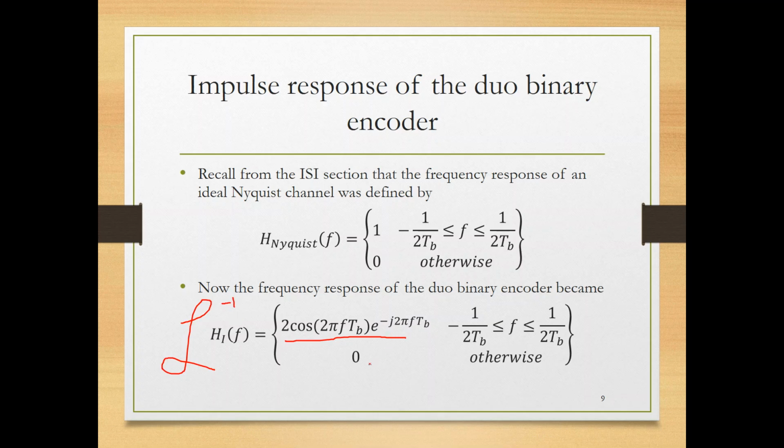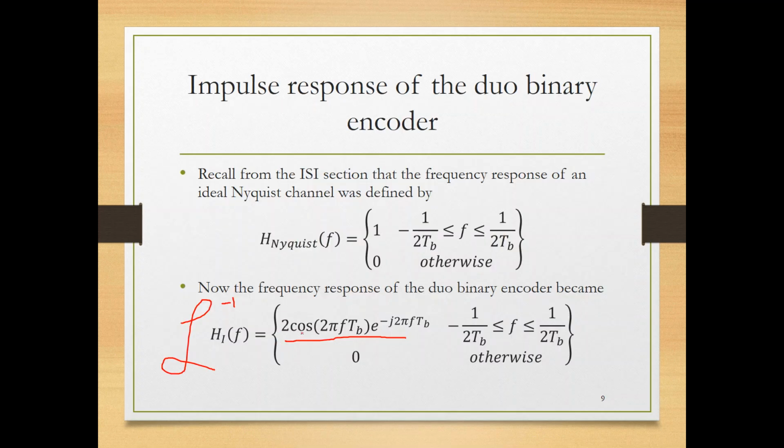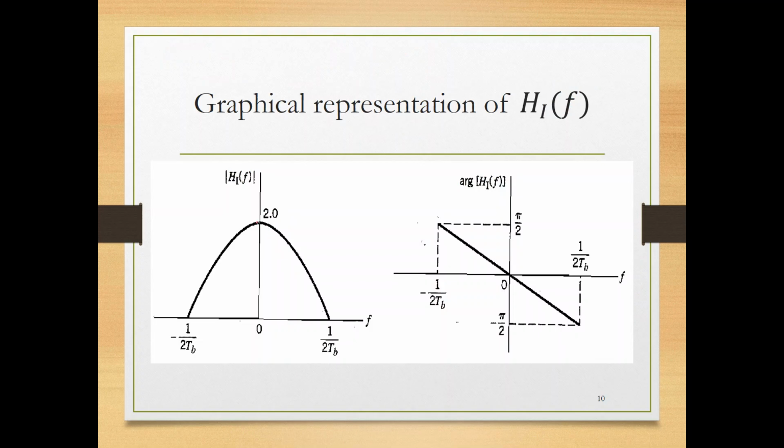However, now we understand how to find it mathematically. But what about visually, graphically? Can you draw the amplitude of the frequency response of this signaling in the frequency domain? Yes, you just take the amplitude of this. This is phase actually, e to j, so you just have 2 cosine πf Tb. When f is equal to 0, cosine 0 is equal to 1, so you have the maximum value at 0, which is equal to 2.